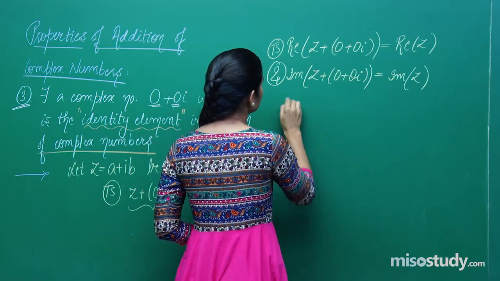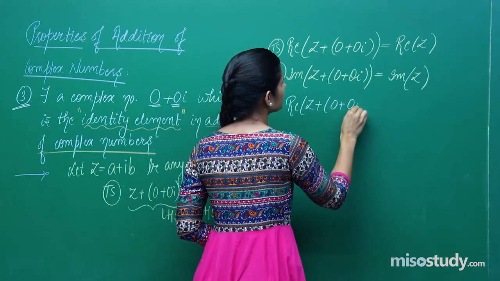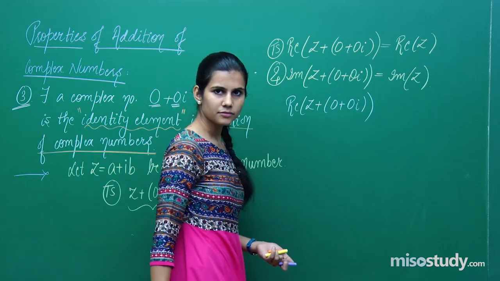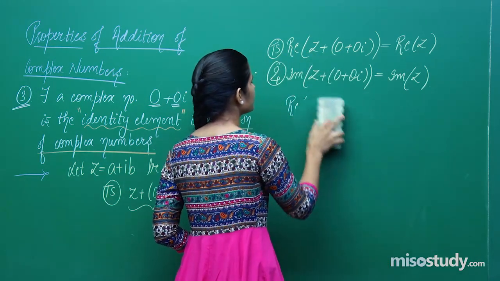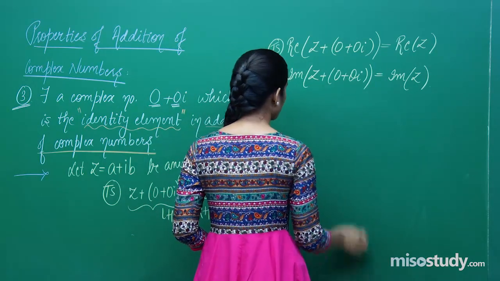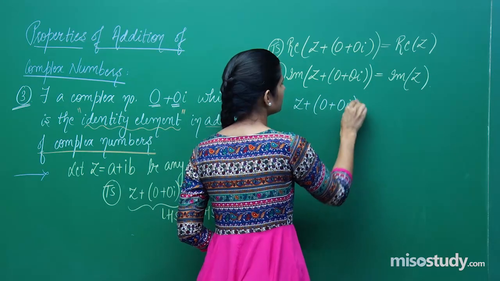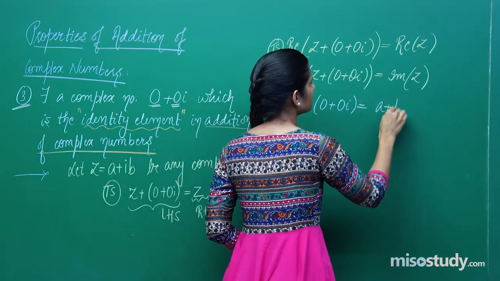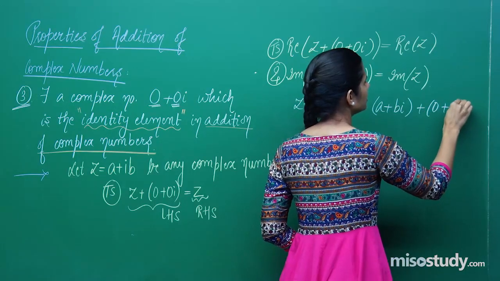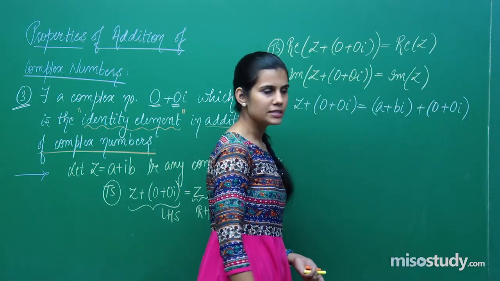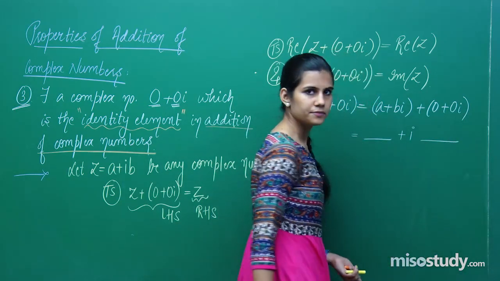Let's talk about the real part of Z plus 0 iota. Before I talk about the real part, let us compute Z plus 0 iota. Z is A plus B iota, plus 0 iota. You can add any two complex numbers. The answer is a complex number, something plus iota times something.